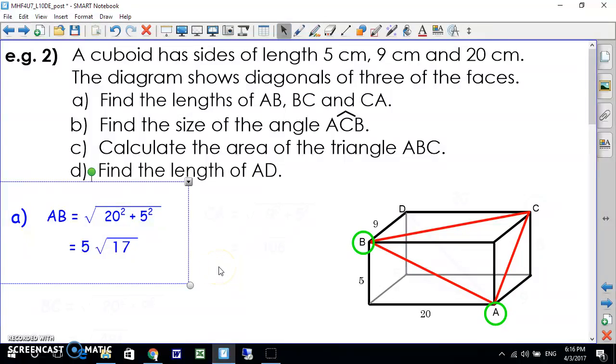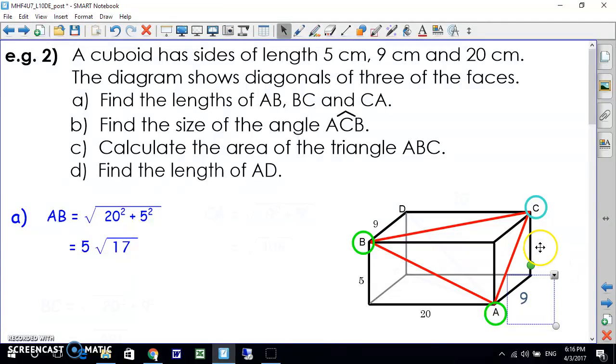And then if you want to look for the length of CA, which is the diagonal on the right side here, well, you can again use Pythagorean theorem, because you know that the base of this triangle is 9 units long, and you know that the height of this triangle is 5 units long, and the diagonal is the hypotenuse.